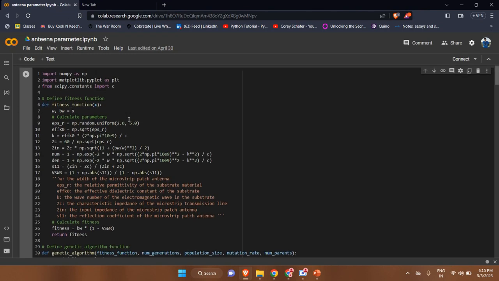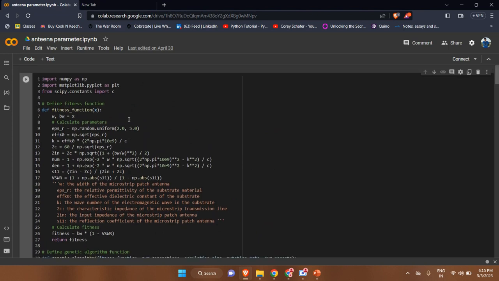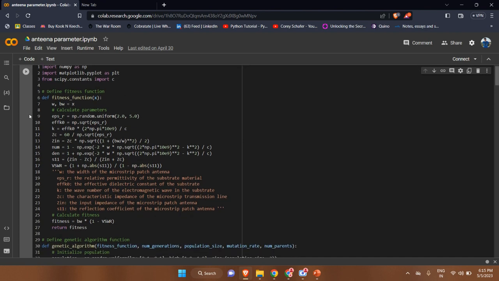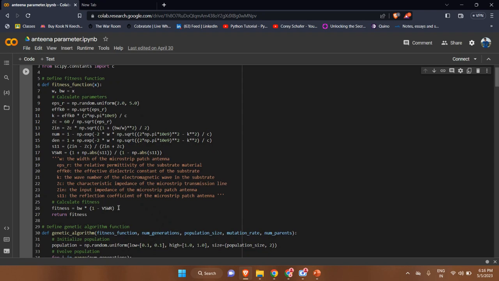So this is the code for antenna parameter optimization. Initially I took the math operations and some random modules, and I wrote the fitness function based on the input values. Here BW is the bandwidth and W is the width of the microstrip patch antenna.